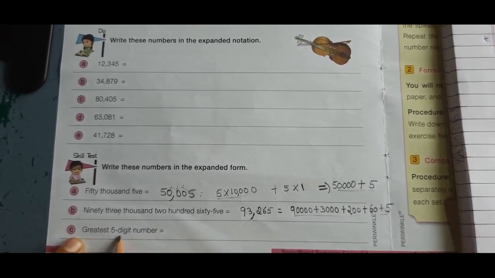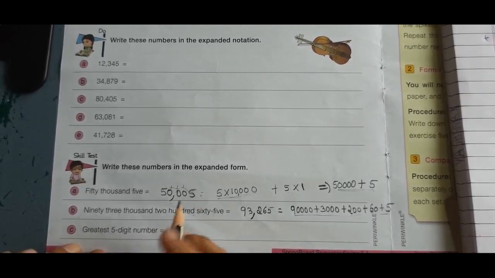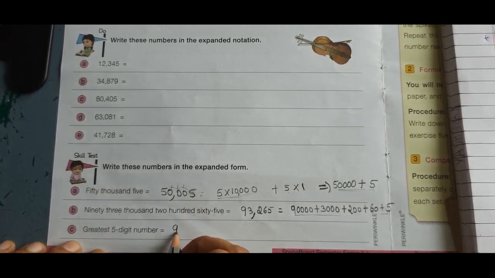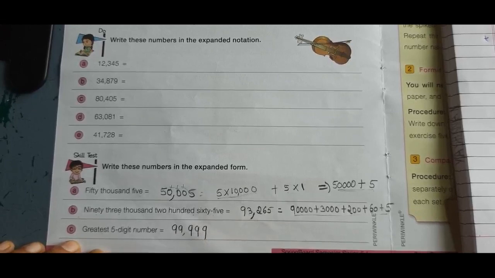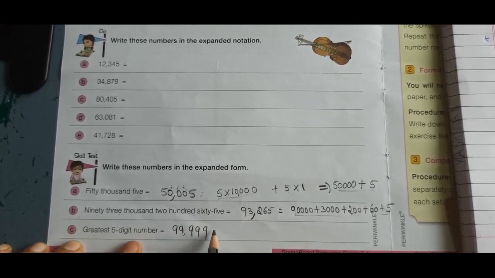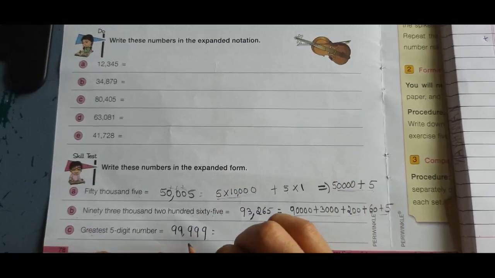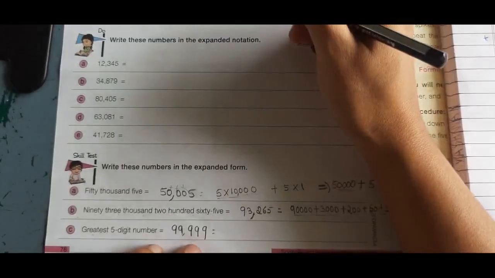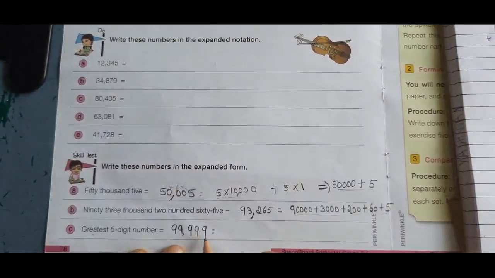Next, greatest 5-digit number. The greatest 5-digit number is 99,999. They have given it in numeral form. We have to write it first in numeric form and expand this number.